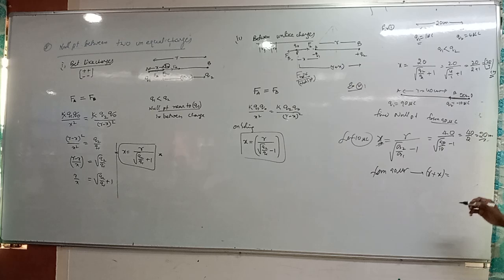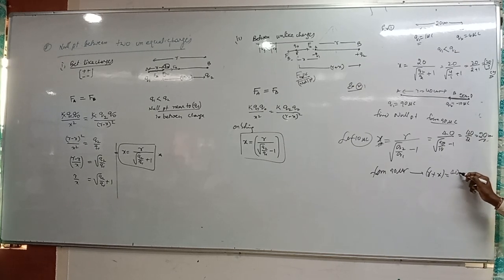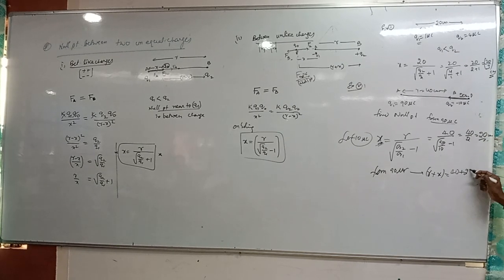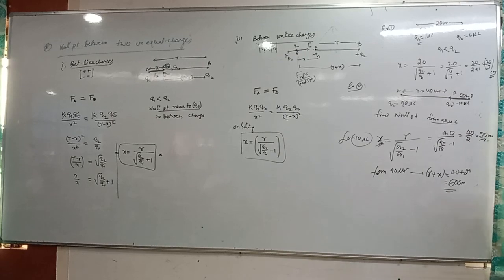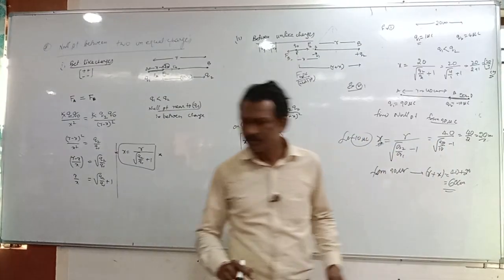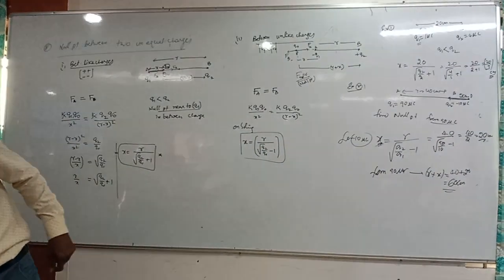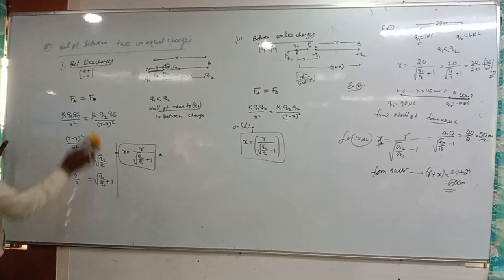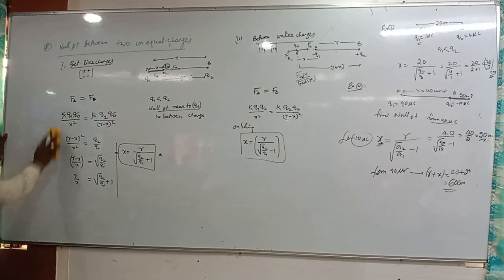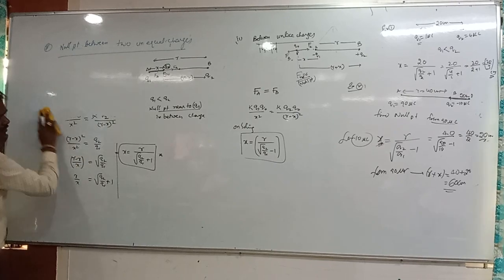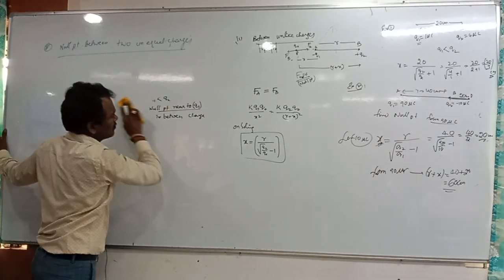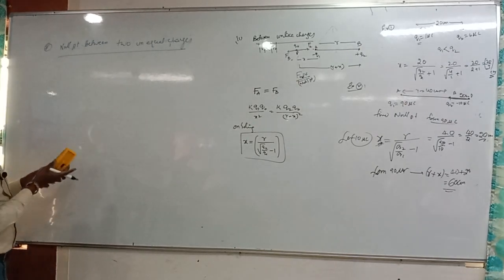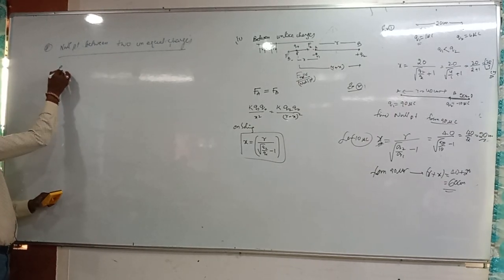What is the r value? 40 plus 20, 60 centimeters. Right? Completed. Right. Next.